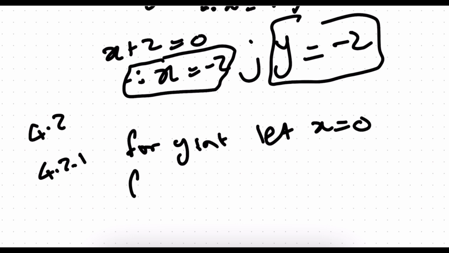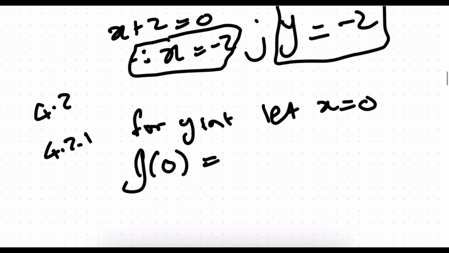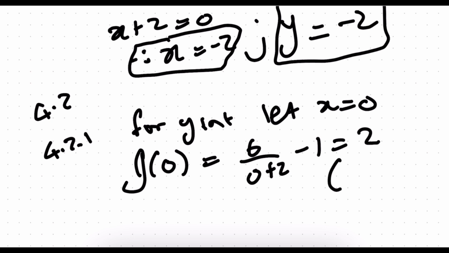You have g of 0 equals, let's go back to our equation again, 6 over x plus 2 minus 1, so it should be 6 over 0 plus 2 minus 1. That equals 6 divided by 2, that's 3, minus 1 equals 2. So therefore the y-intercept becomes 0, 2.